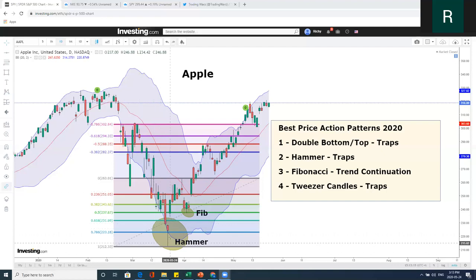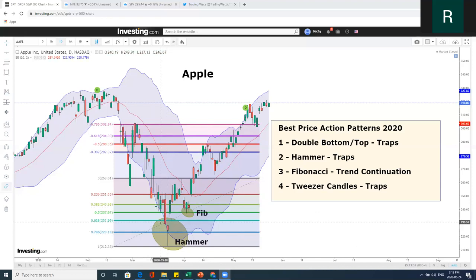But when we got to the end of the day on March 23rd, buyers stepped in and pushed this market back up. So this is what we consider a trap. For everyone that was hoping that Apple would continue lower and continue to crash, they got trapped because the buyers came in and put in big buying power throughout the day on Apple, and we have closed with a hammer candle.